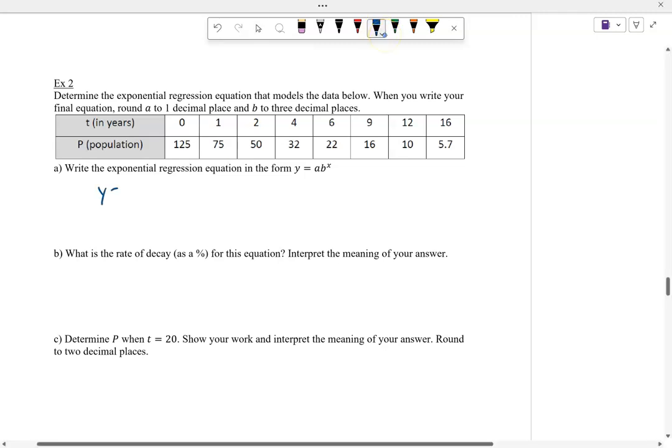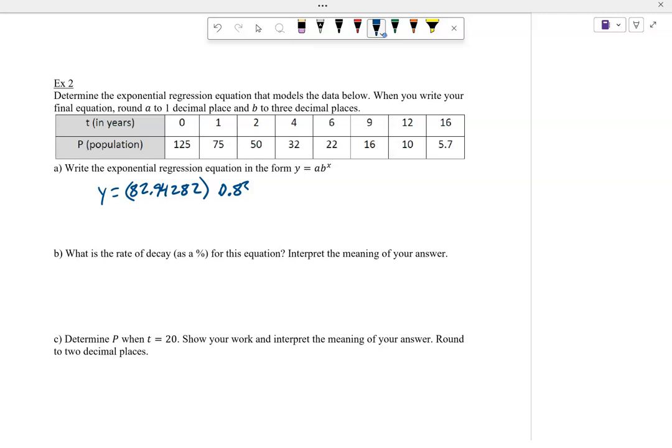So it was y equals a times b to the x power, where my a was 82.94282 and my b was 0.836692. Now this is in terms of population.